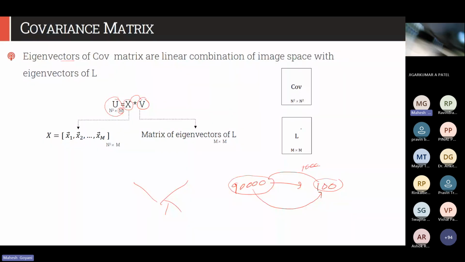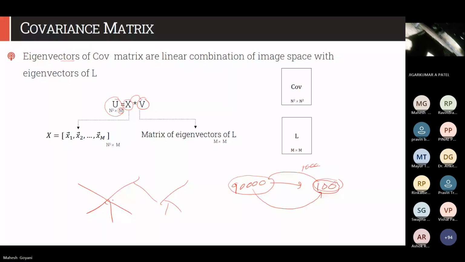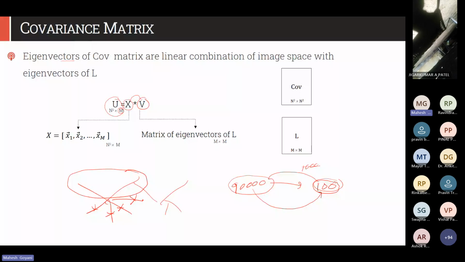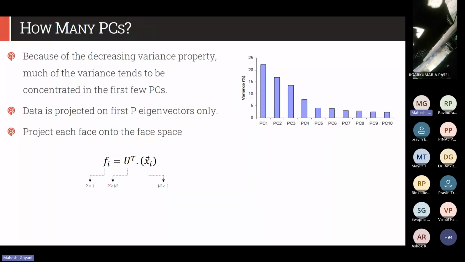But still, it may be possible that 100 dimensions is still big. So what you can do is, instead of projecting on all M vectors, suppose we have M eigenvectors, we will cut down some of them and select only the best P eigenvectors, and on those P eigenvectors only we will project our image. So what we can do is something like this. Now instead of M by N square, we will be selecting the first P eigenvectors only.